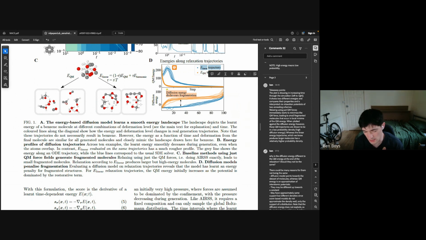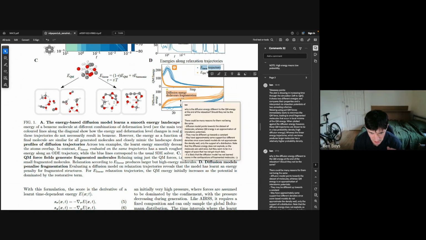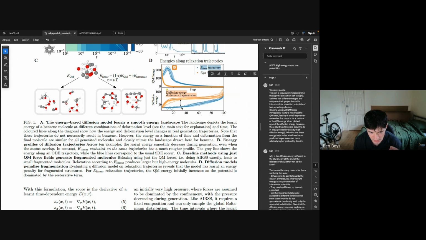They're closer to these noise molecules that you find in the data set. So this is to show that there is a gap between fragmented molecules, orange, and clumped together molecules, blue. And this gap is a penalty which is useful for generating molecules that are close to the data distribution. It's going to disfavor fragmentation.